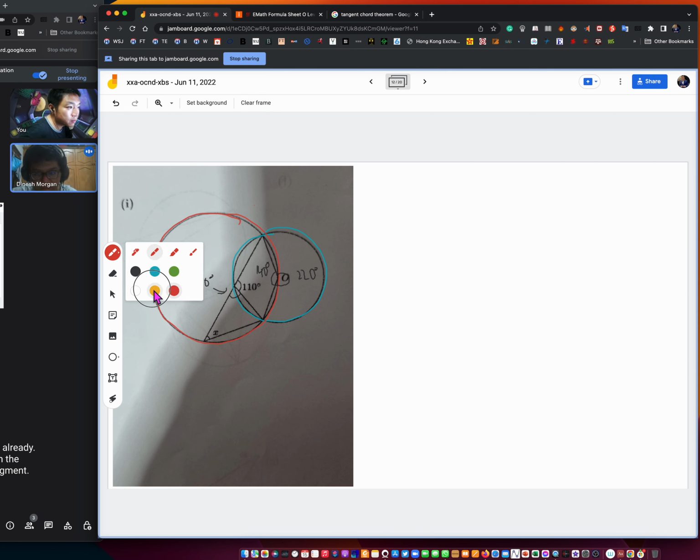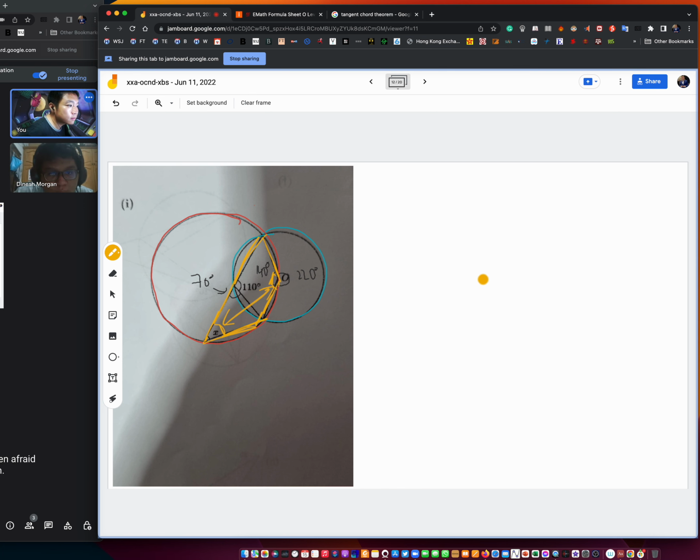You know what I'm talking about? They add to 180. This one, right? So x equals 40, because x plus 140 has to be 180. Opposite segment. That's it. Part 1. So that means I'm expecting part 2.